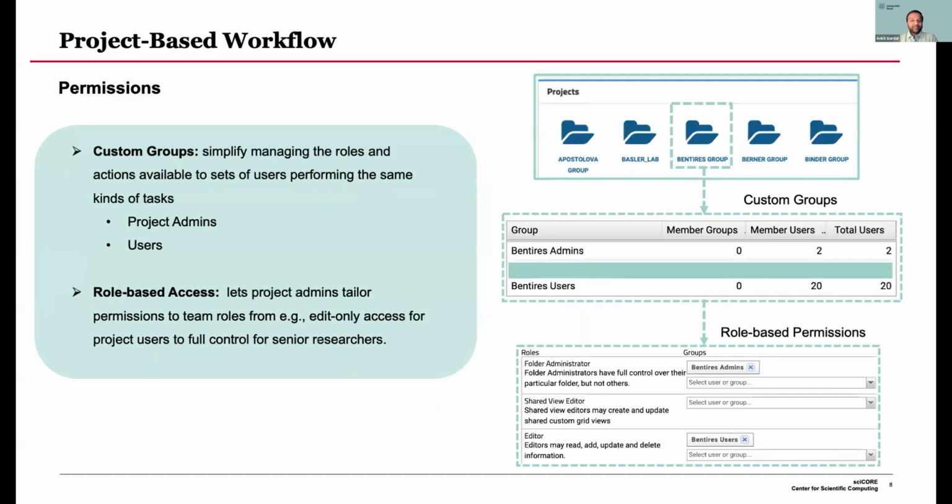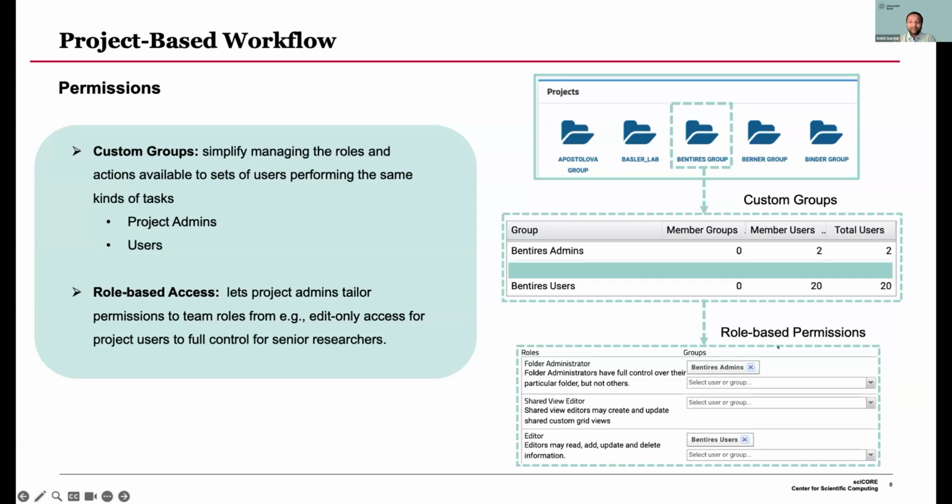Now, talking about permissions. For each project, we created custom groups, as you can see here in this example. For groups like admins and users, we assign project admins, for example here, Bentar's admins, who have complete control within the project. These project managers can manage who gets access, add or remove users, and assign role-based permissions.